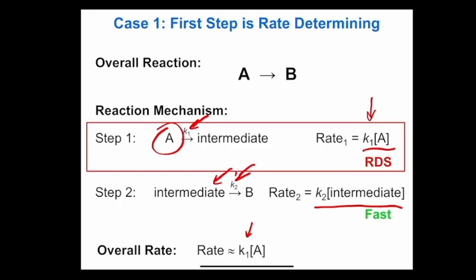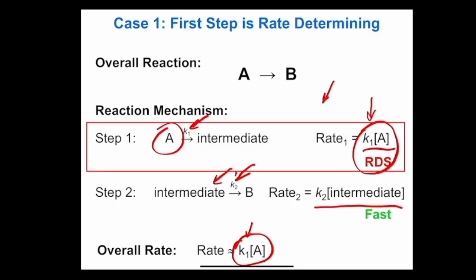So the nice thing about that is we now have a way of, as long as this first step is slow, I can say that that will be my rate determining step. If this is my rate determining step, the corresponding rate equation can just be done by inspection of the first step in whatever overall this mechanism is. And remember, there's a couple correlations here we want to emphasize. If the rate of the first step is slow, there's a couple of ways of talking about that.